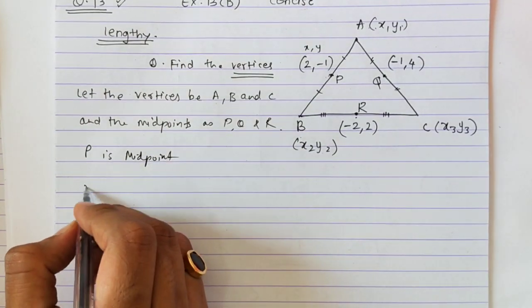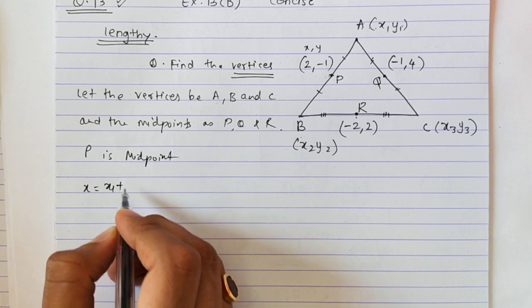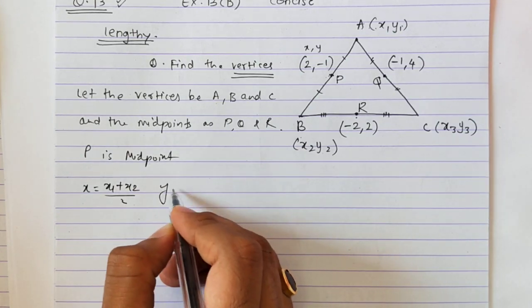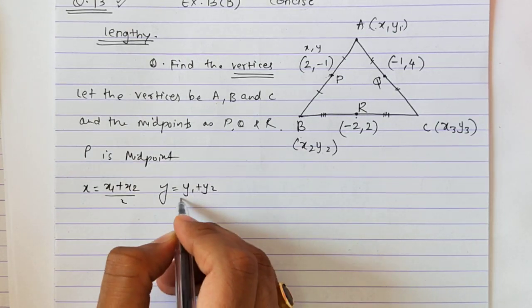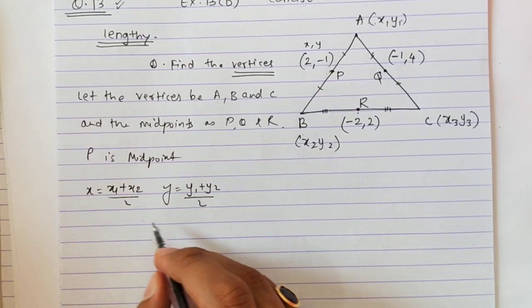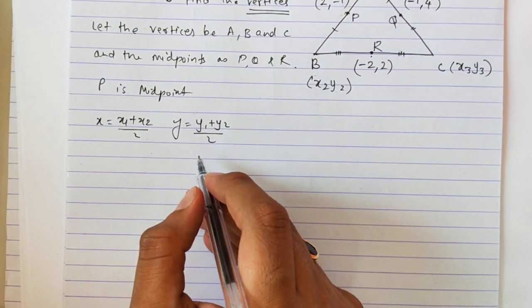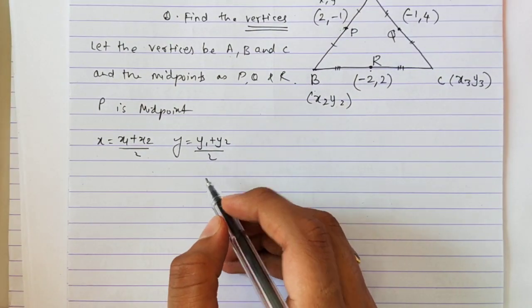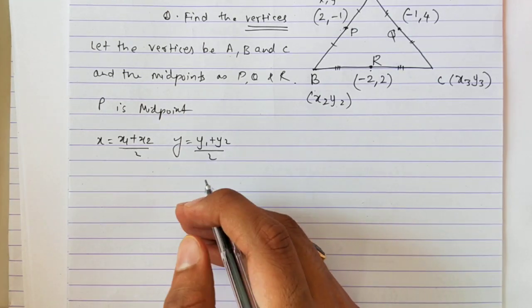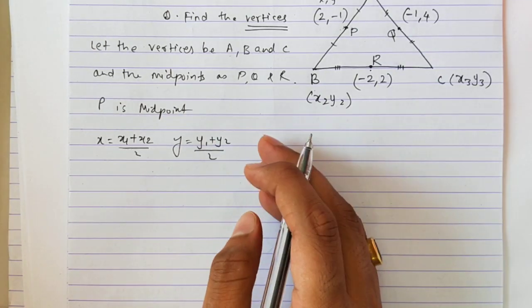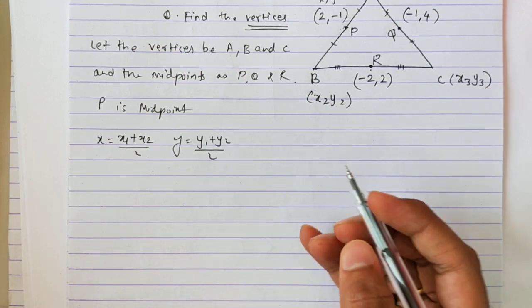The formula: x is (x1 + x2) upon 2 and y is (y1 + y2) upon 2. I hope that you remember the formula. You have it by heart now, so from the next step onwards I won't repeat the formula again and again. I'll just use it.